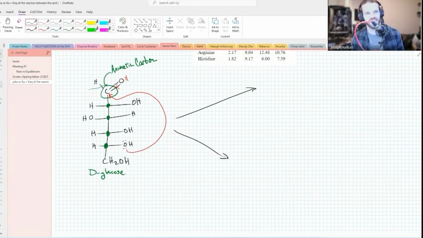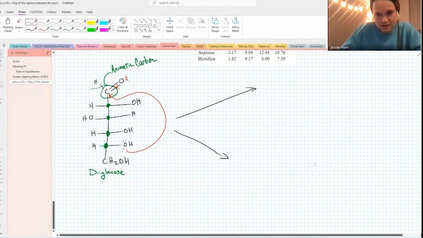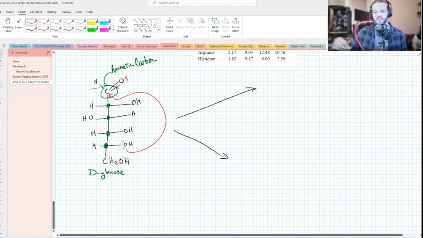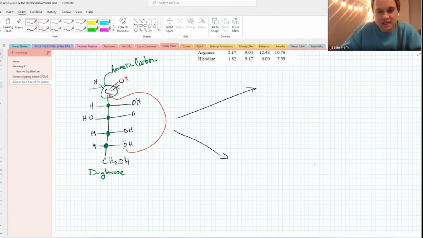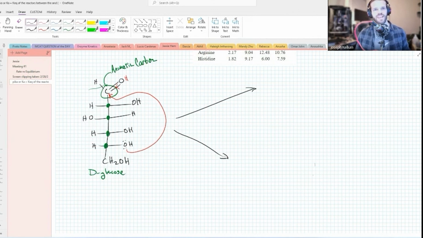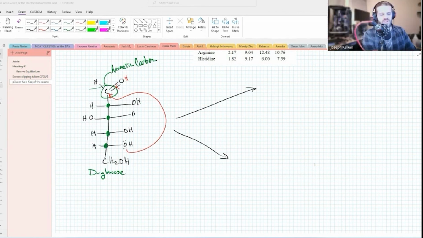So the configuration around the anomeric carbon, once it becomes chiral, determines whether the glucose is alpha or beta. That's R versus S configuration. One of them's clockwise, one of them's counterclockwise. R is clockwise, S is counterclockwise.